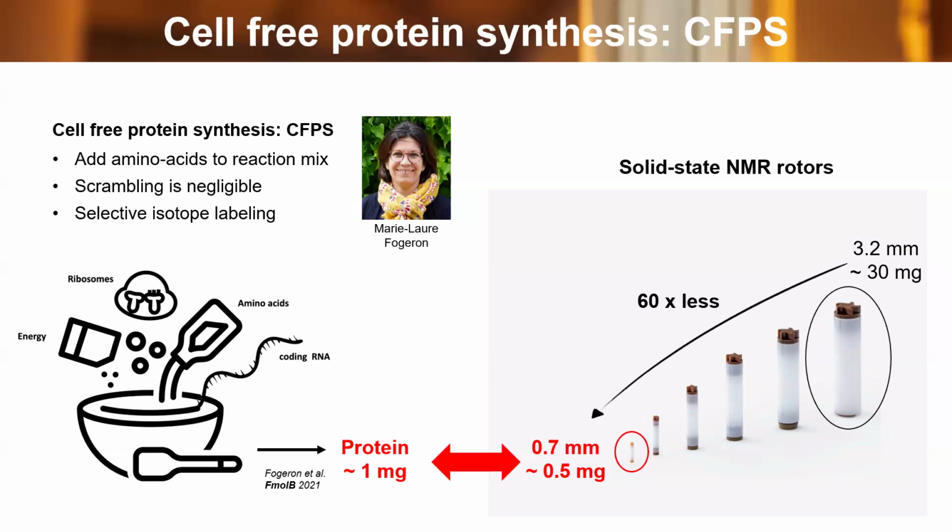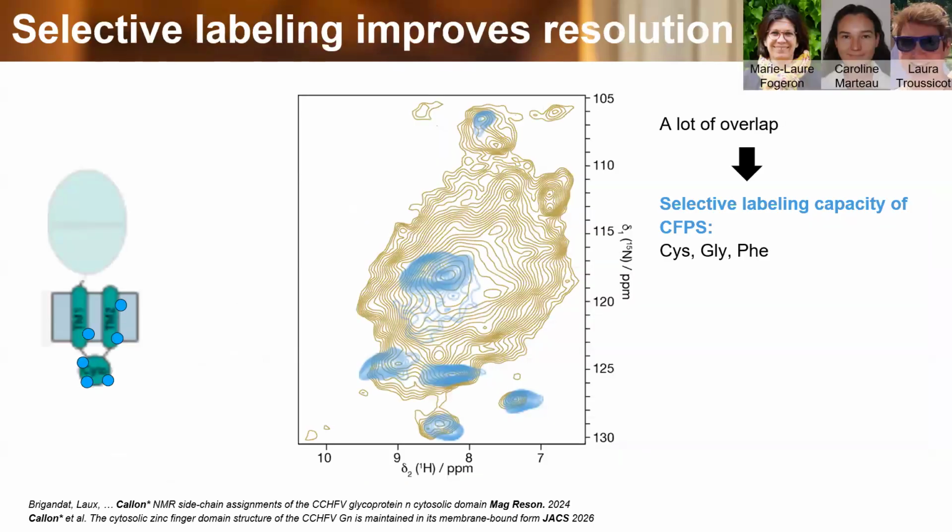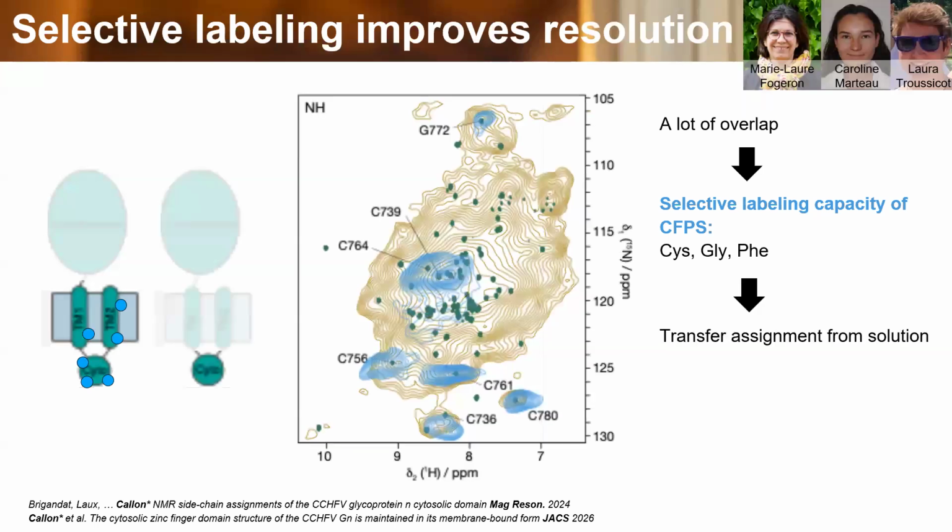So we selectively labeled our protein. We selectively labeled the cysteines, the glycines, and the phenylalanine. You see the resulting spectrum in blue here, and you see that now we improved the resolution and we can really detect single resonances. Actually, if we overlay it with the solution-state spectrum of the isolated cytosolic domain of GN that we recorded, you see that we could even transfer the assignment to these resonances.